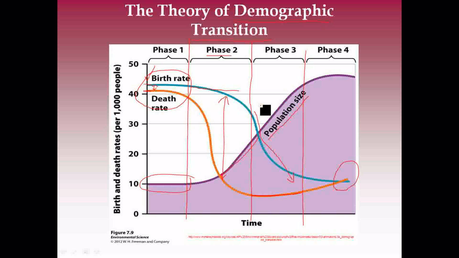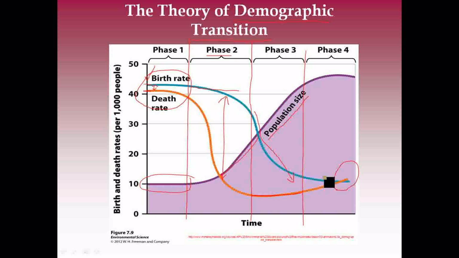Women in the workforce means more affluent society, means women are having less babies. So, phase 1, both are high. You need to know what happens with each of these 3 elements in each phase. That's what you need to remember.